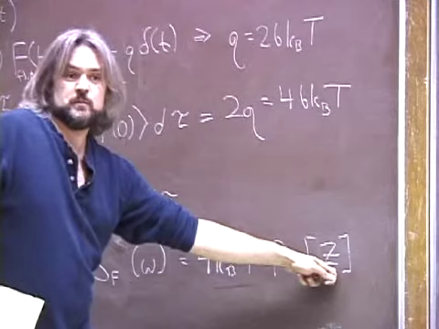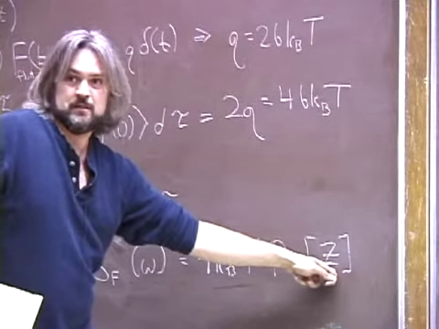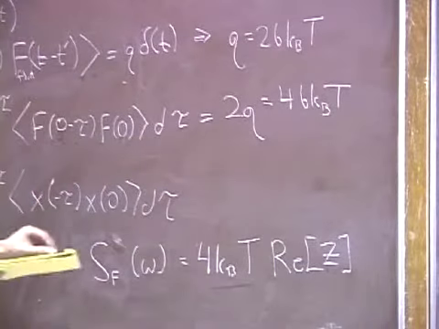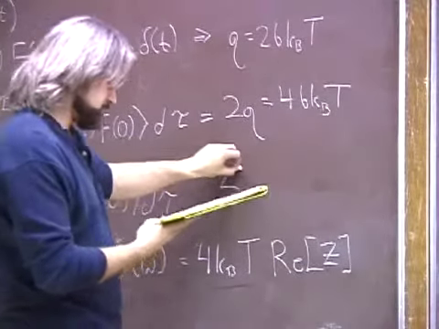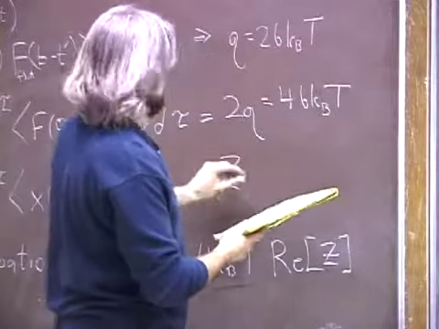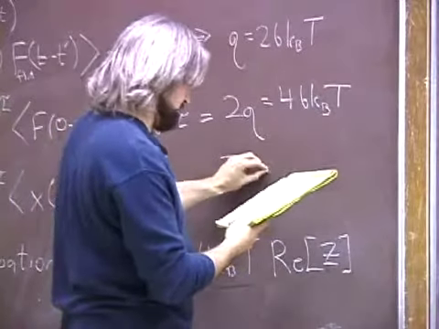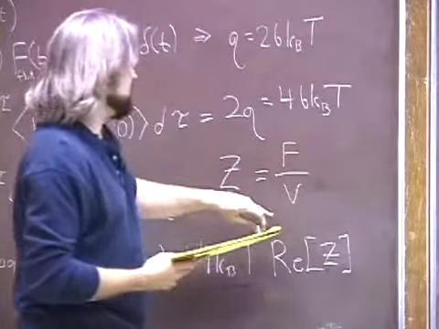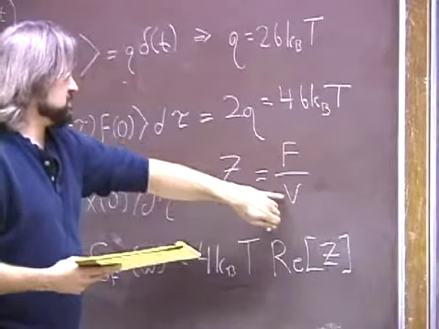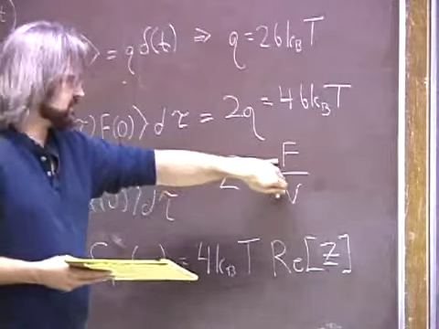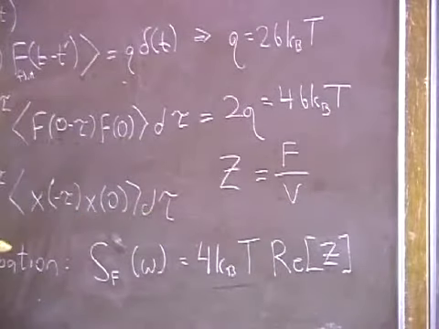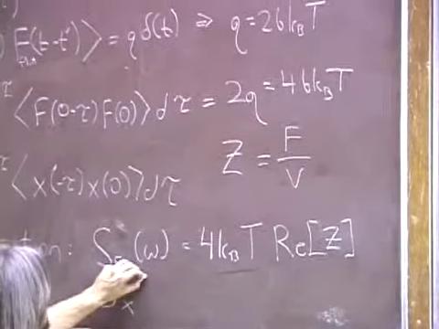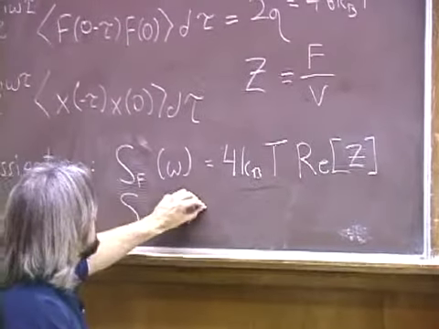This can be a mechanical impedance, it can be an electrical impedance, it can be any sort of impedance. The way we define the impedance is that the impedance is given by the ratio of the force applied to the system to the velocity of that system in response to that force. This can also be expressed in terms of the spectral density of the response.